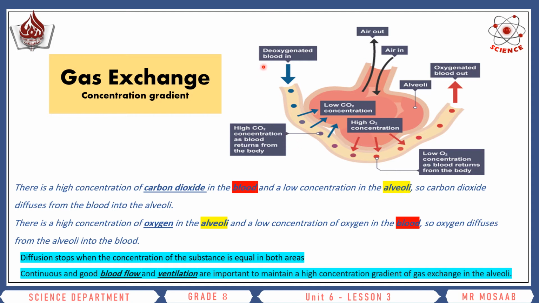So good and continuous blood flow, and also ventilation, which means air in and out. So good blood flow and ventilation are important to maintain a high concentration gradient of gas exchange in the alveoli. Understood? Okay.